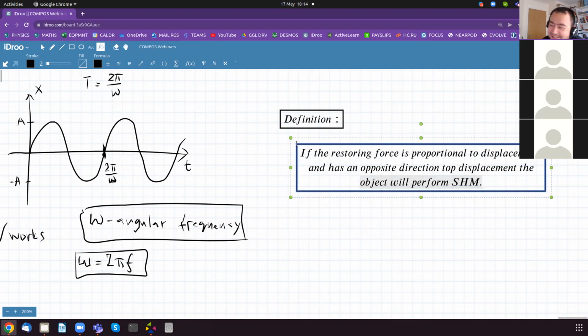I'm kind of creating the definition on the fly. I mean, there's a much more refined definition in the assignment.